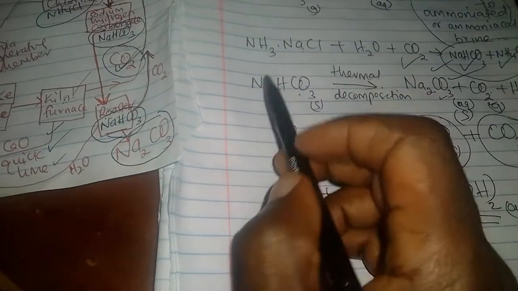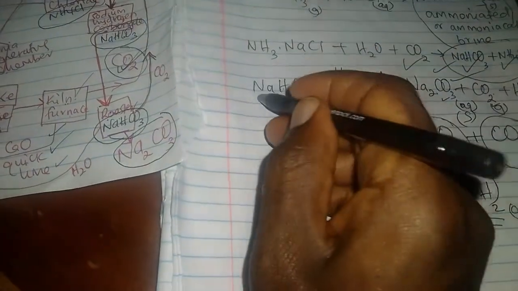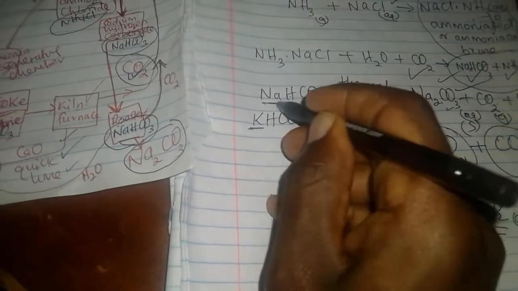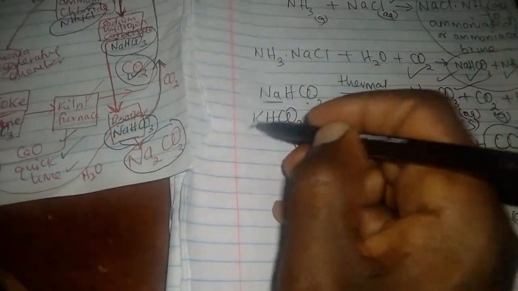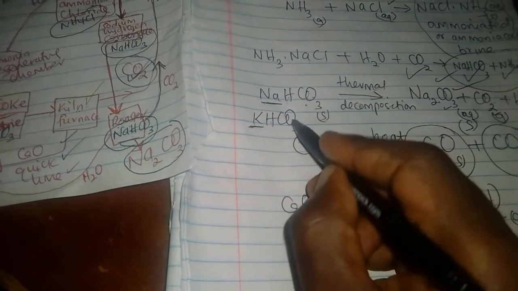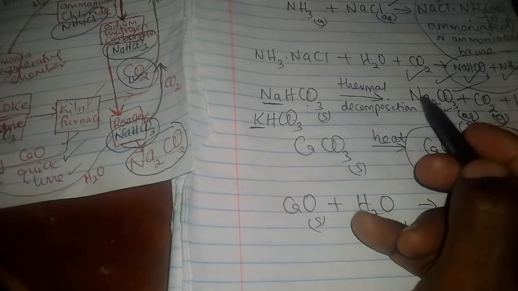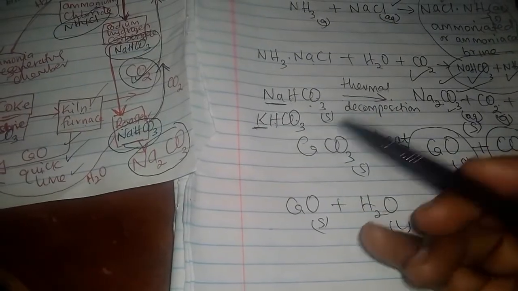I've told you metal hydrogen carbonates of group 1 elements like sodium and potassium hydrogen carbonate get affected by heat. Because sodium and potassium are group 1 elements, the metal hydrogen carbonates are affected by heat. They dissociate to form metal carbonate, carbon dioxide, and water.